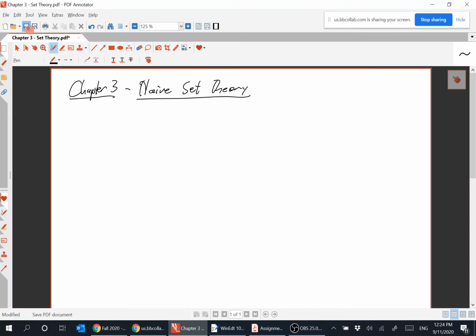And naive set theory is sort of the basic ideas of set theory that we all use in mathematics. Formal set theory is a very complicated thing that almost nobody uses, only people that actually study set theory for itself.